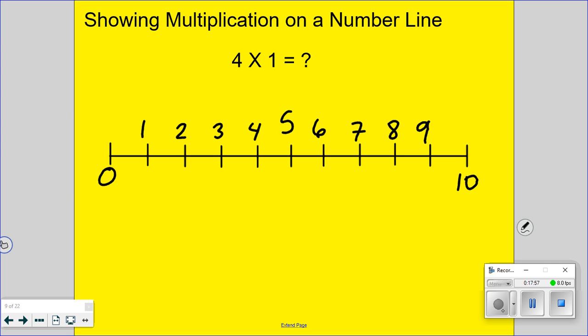How big are the hops? 4 hops. But how big are my hops? Do they go huge, little? Are my hops big or little?